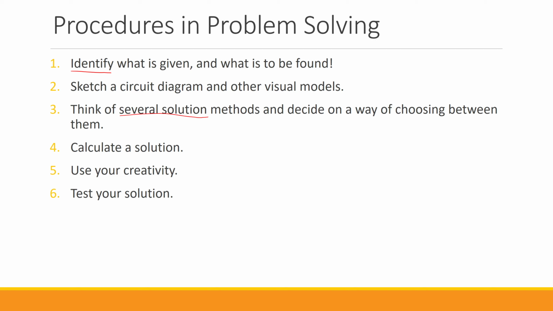So you will see later on that we talk about the node voltage method or mesh current method, right? Depending on the circuit, either of these can be simpler than the other one, even though both of them can be used to solve a circuit and both of them give exactly the same result, but one might be simpler than the other one, right?